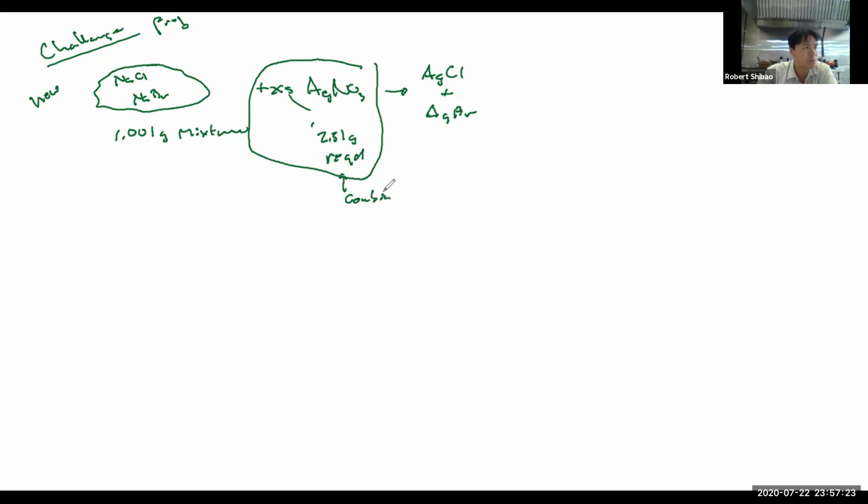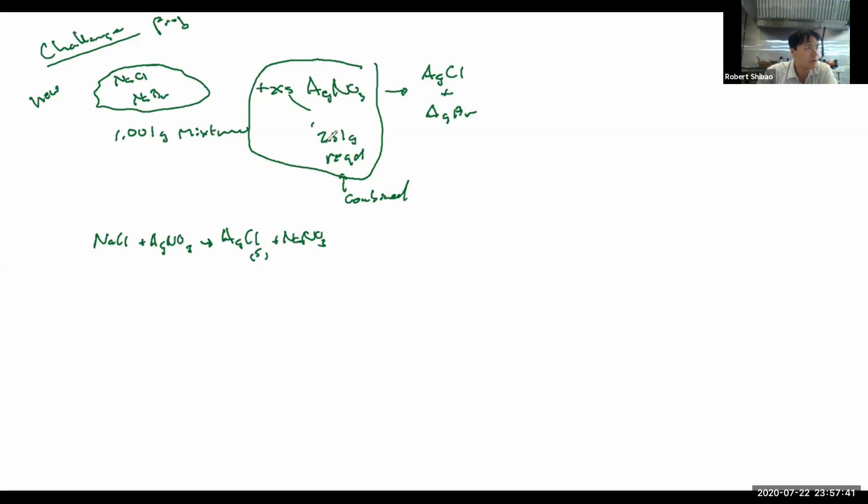The two separate reactions are this: sodium chloride plus silver nitrate yields silver chloride plus sodium nitrate. This is a double replacement reaction.